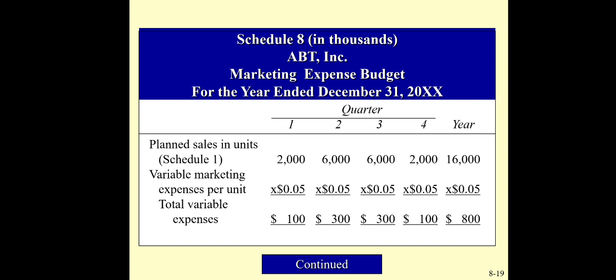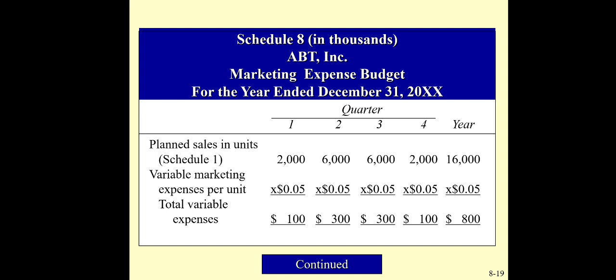In this sample question, the number is 5 cents per unit of product. So quarter 1, 2 million times 5 cents, the total variable expense budgeted is $100,000.